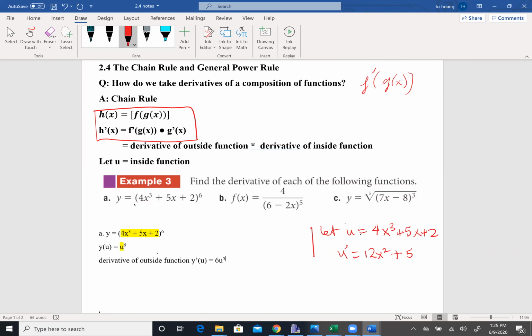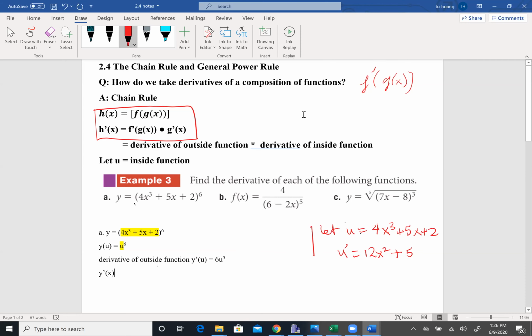Now I would like to find the derivative of y with respect to x by using the chain rule. I need to take the derivative of the outside function multiplied by the derivative of the inside function, right? So I'm going to copy this down, equal to this. Now I would like to substitute things.